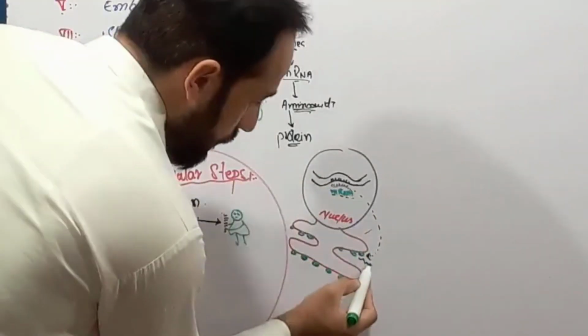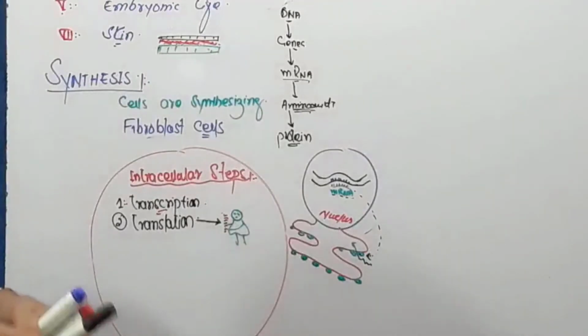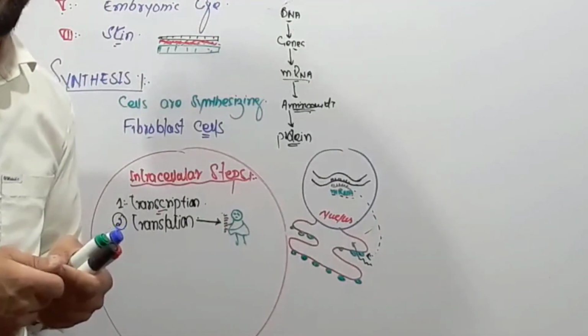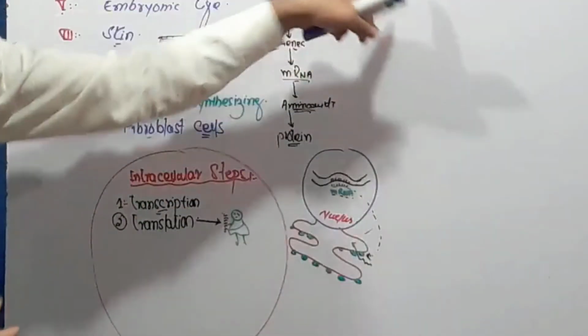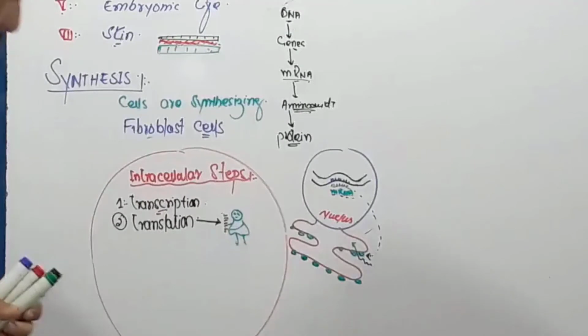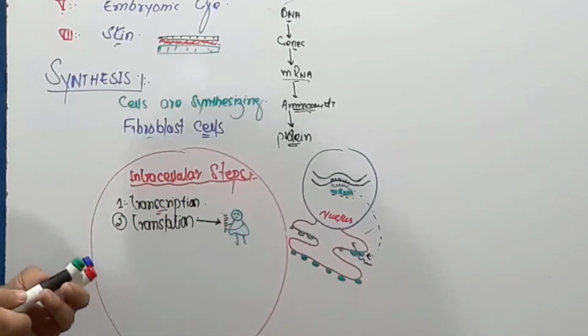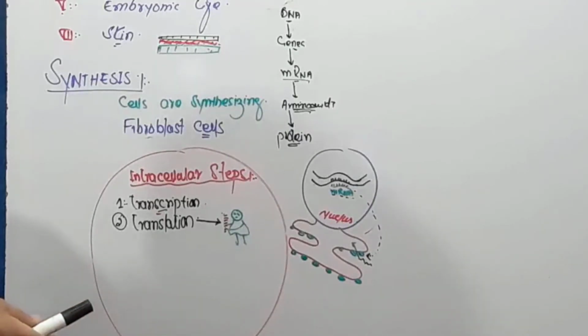This protein will be taken to the endoplasmic reticulum, and there will be the beginning of the processing of that protein. We will see all those steps there in the large diagram. First of all, I am writing the steps here. I know I am taking more time, but it is very important to understand all the steps clearly.